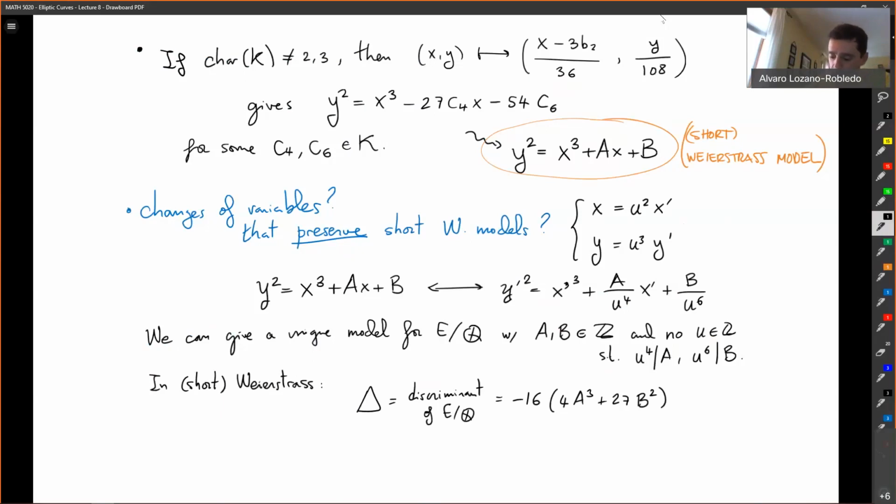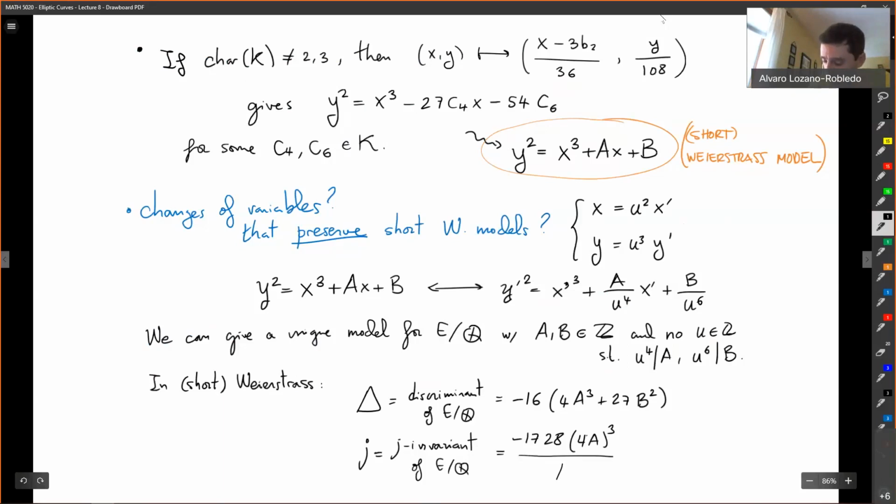Okay. And we also define another quantity, j, which is called the j-invariant. And the j-invariant is defined by minus 1728 times 4a cubed divided by the discriminant.